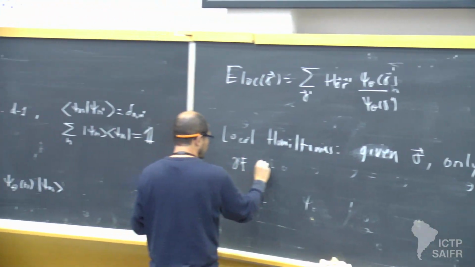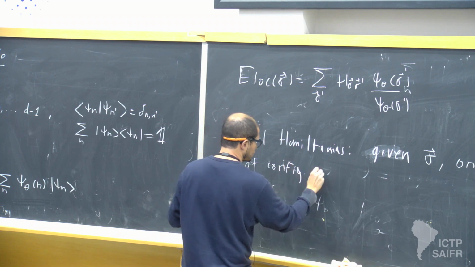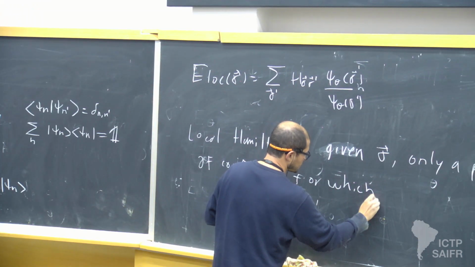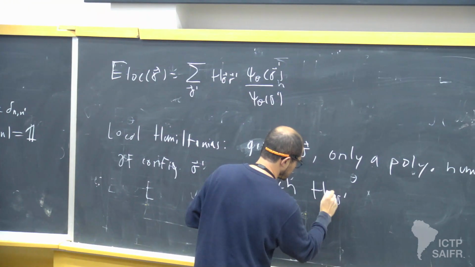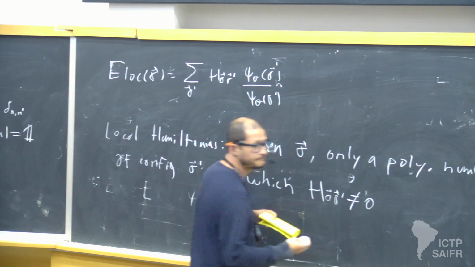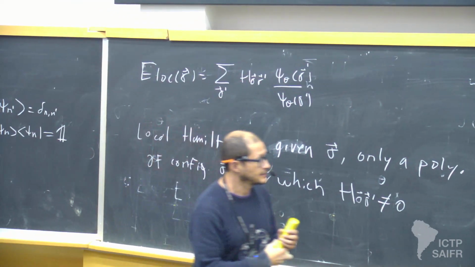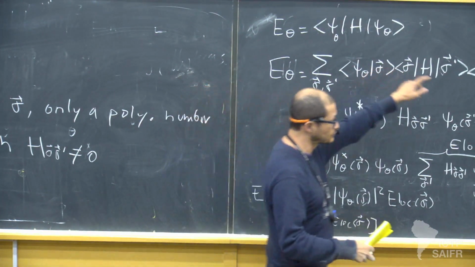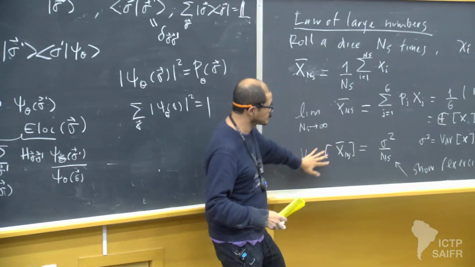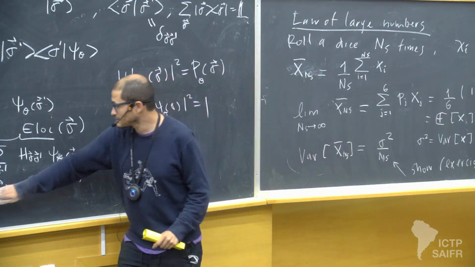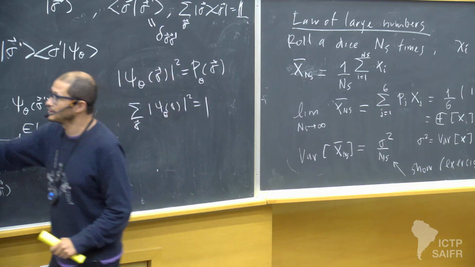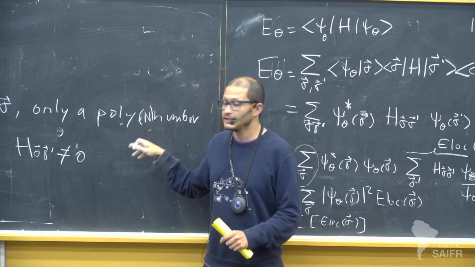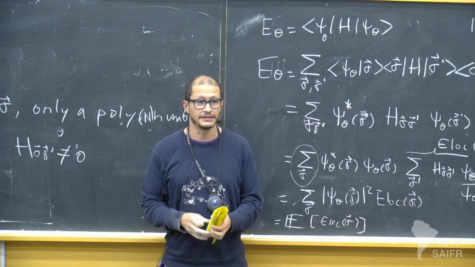Okay, and now we're in business, because now we've converted one exponential sum into a sum over a few terms with some uncertainty, averaging over a quantity that is only a polynomial number of terms in the number of spins of the system. And with that, we can compute the energy, okay?